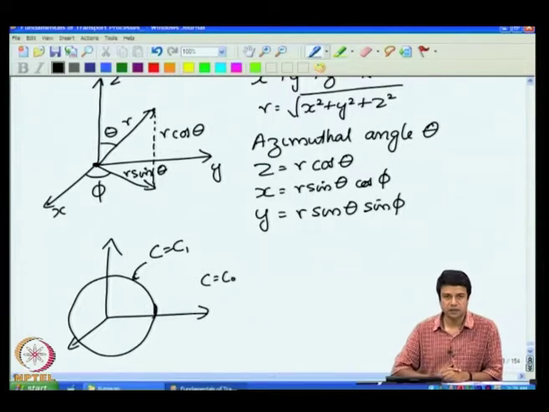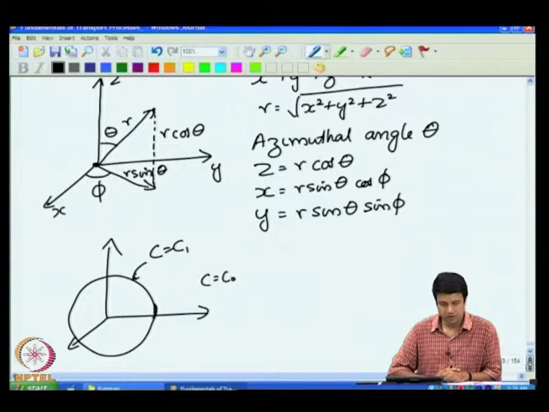So, a catalyst particle, for example, where there is some reaction happening at the surface, approximate the catalyst particle as a spherical particle, and if I put my origin at the center of this catalyst particle, then the concentration everywhere on the surface is C 1, far away is C naught.